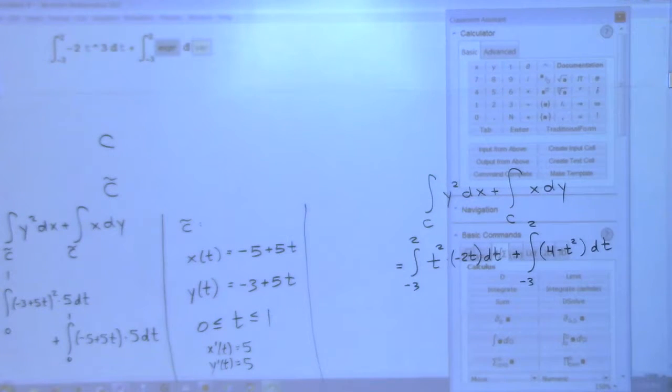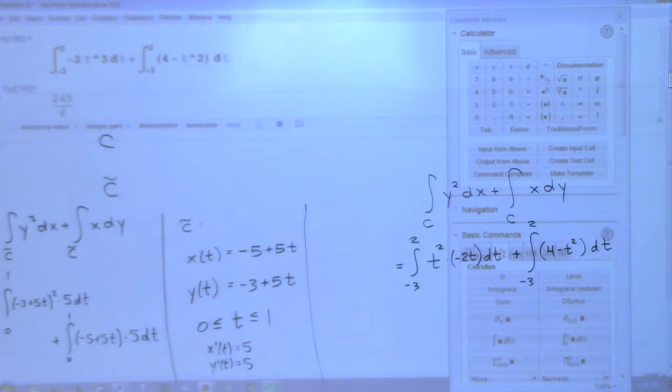You could, but I'm doing them separately. Four minus t squared. That's it, right? Take that. 245 over 6.